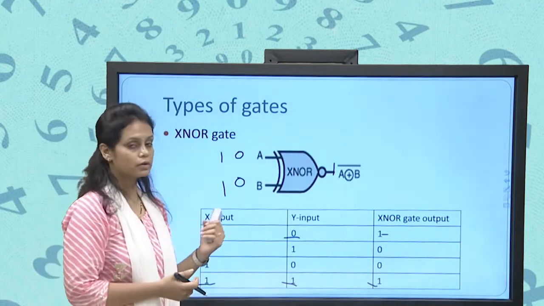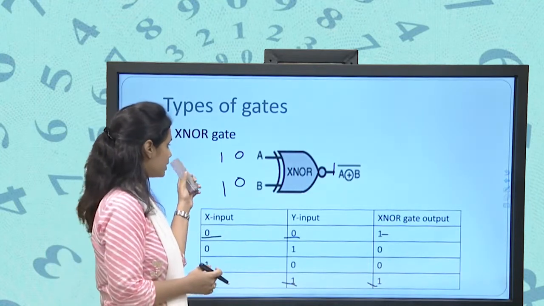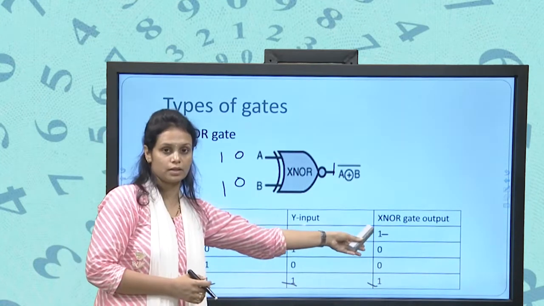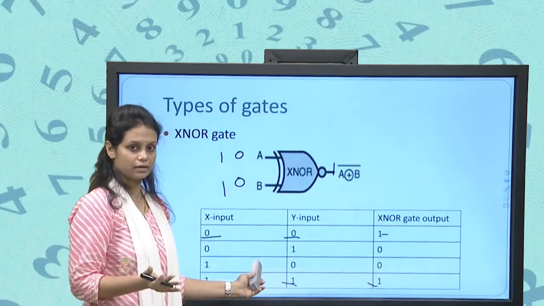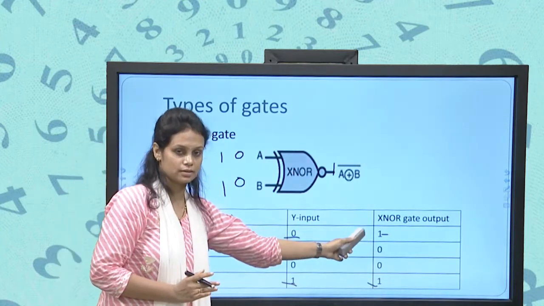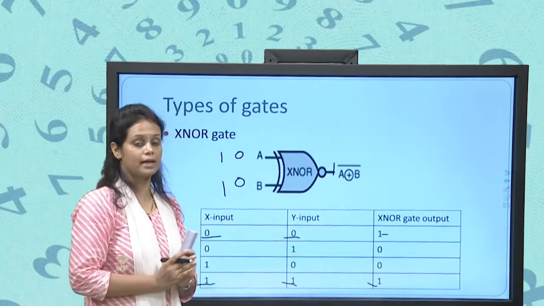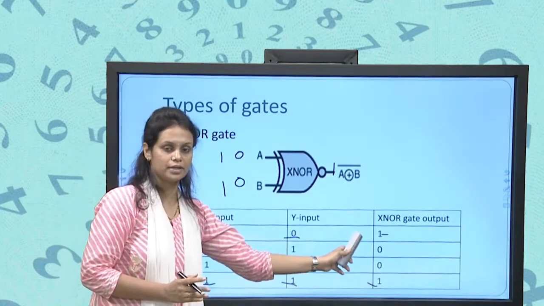How is XNOR different from the XOR gate? The XNOR gate gives the output 1 if the two bits are the same, while in the XOR gate if the two bits are the same then the output is always 0.